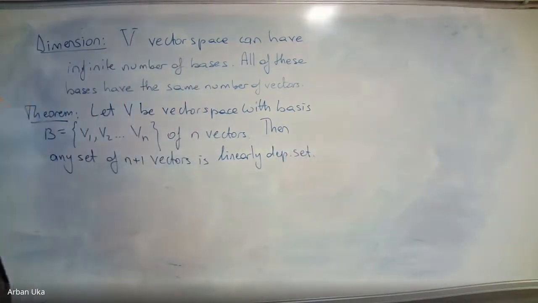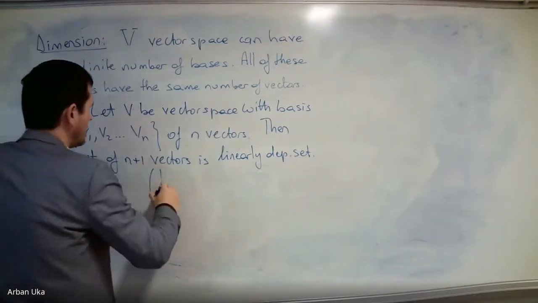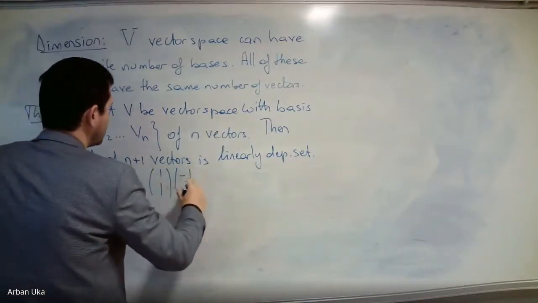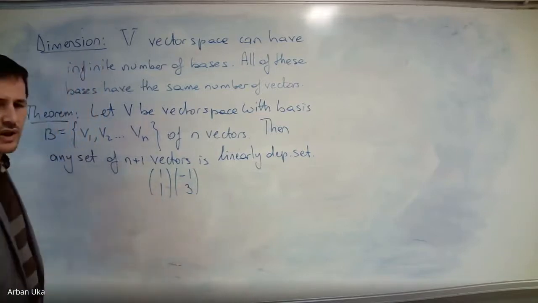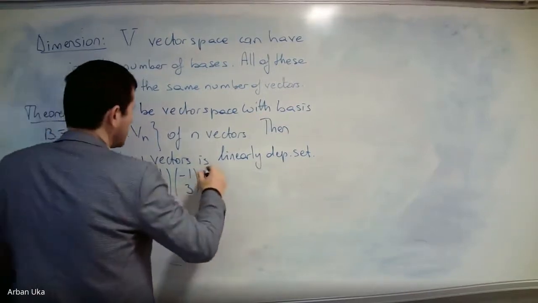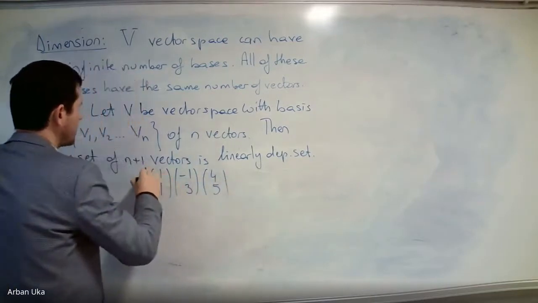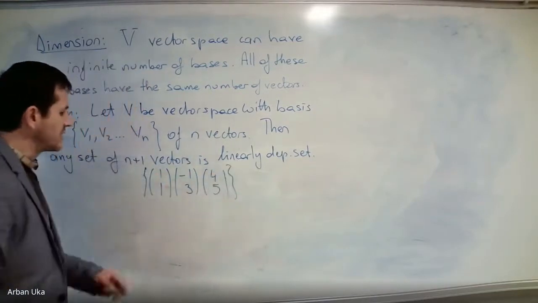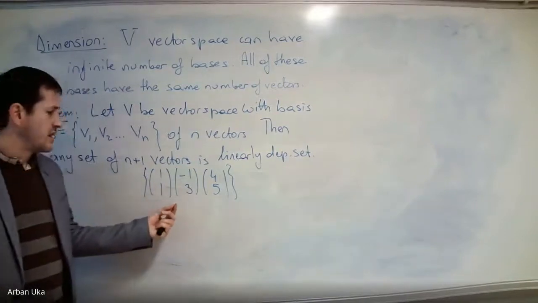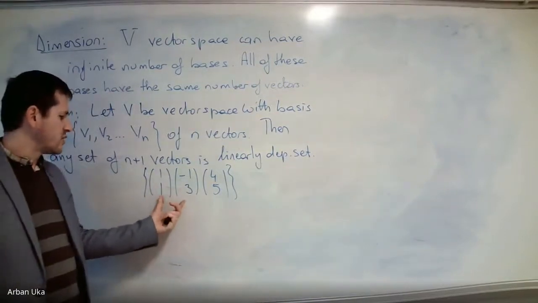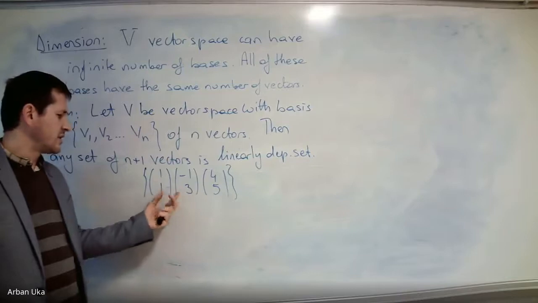So this is essential, which means that for R squared, if we have here (1, 1) and (-1, 3), this is a basis for R squared. But what about this, if we have a set which also has (4, 5)? Is this a linearly dependent set or independent? This is dependent because the first two constitute a basis, which means 2 are enough.